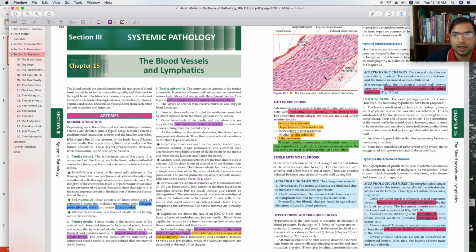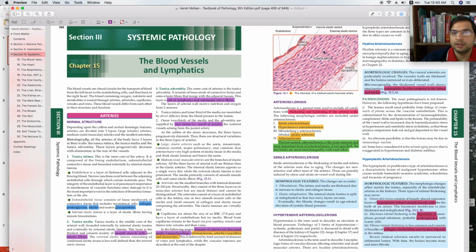And the walls of the blood vessels also have their own blood supply, the vasa vasorum. Vasa vasorum is the blood supply of the blood vessels. So blood vessels are also supplied by vessels, the vessels of the vessels. The tunica adventitia, the outermost layer, has autonomic nerve fibers, it has nervous supply, and it has lymphatics also, right?